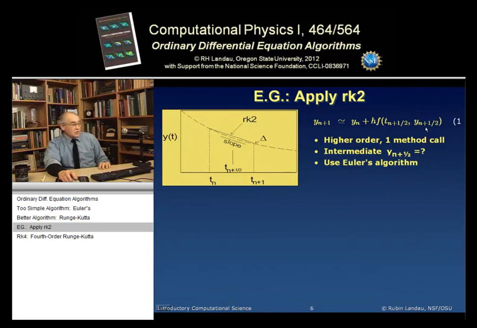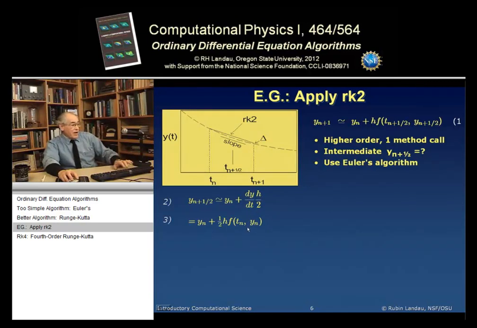That's where Euler comes in. So even though this is a better algorithm, we'll use Euler's algorithm, Euler's simple-minded method, to give us an approximation for the middle of the interval, and since we still get an h multiplier here, it actually comes out to be a higher order algorithm. Okay? So this is Euler's now being used here. So we'll evaluate the unknown solution at the midpoint as the solution at the beginning of the interval, plus the derivative times h over 2 because we're just half a time step away.